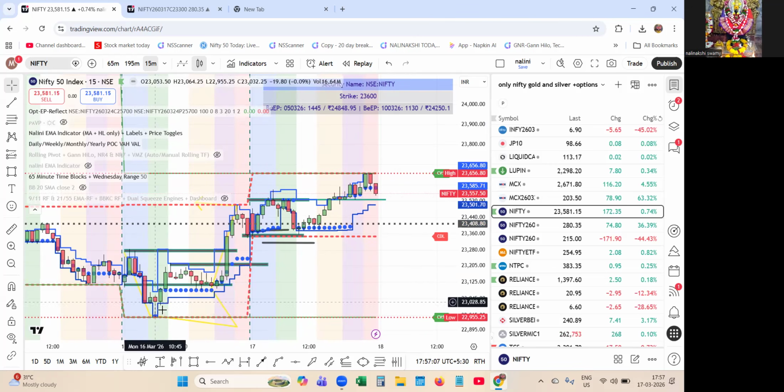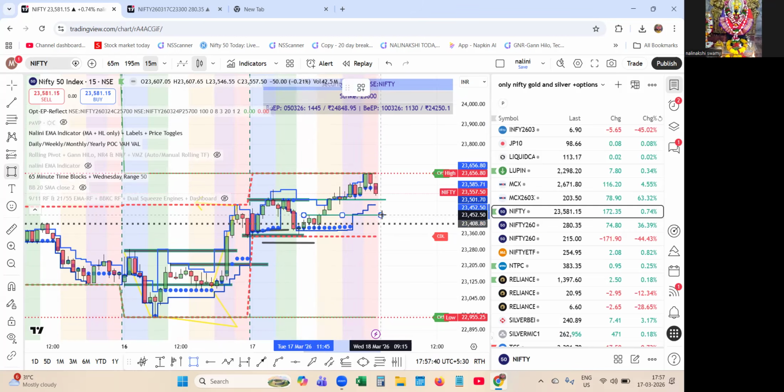Here, direction was towards the upside, came down. Second hour, the market went up, and third hour and fourth hour consolidation was there. Today, what happened in the market was the first hour it moved towards the high, and the second hour it came near the low of the day, and the third hour it was a consolidation and breakout.